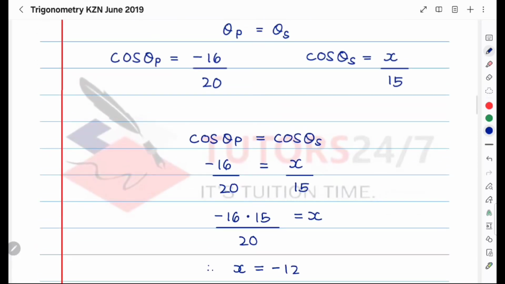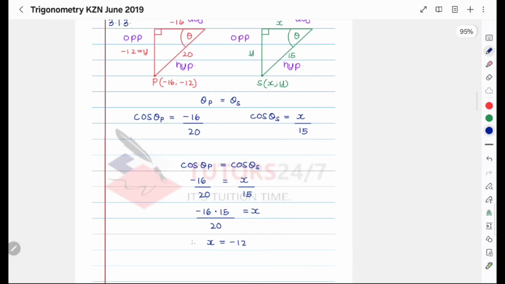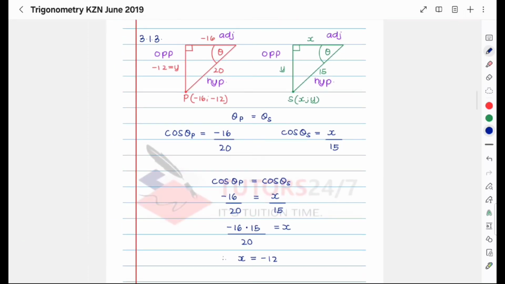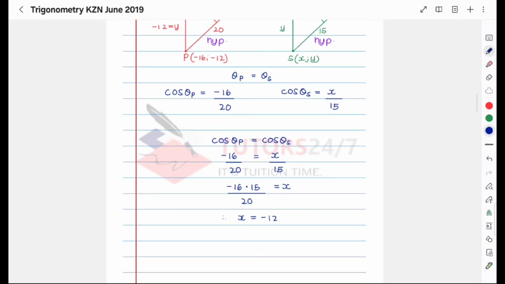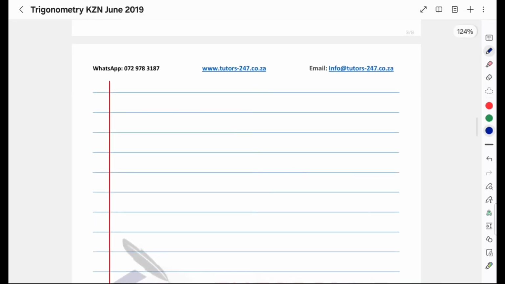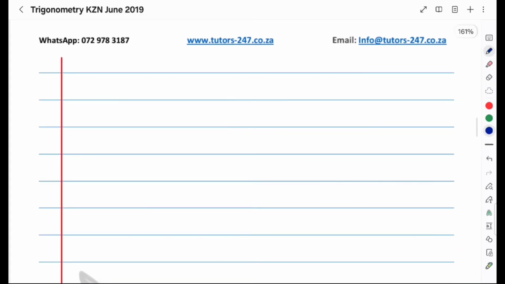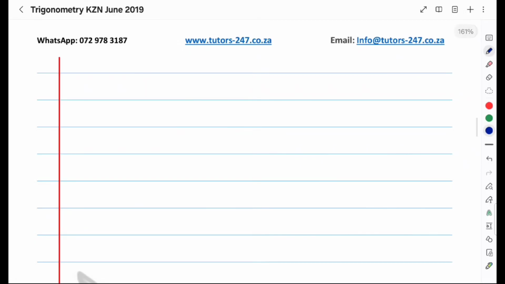So that is it. We have used simultaneous equations as well as our ratios to calculate the value of x. Next, let us attempt to calculate y. To find y, we are going to use our sine ratio.